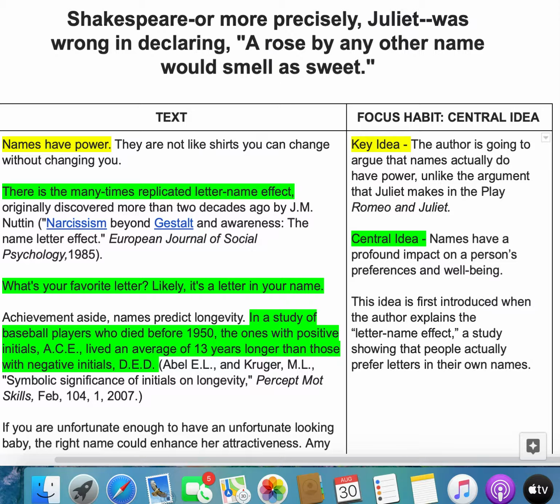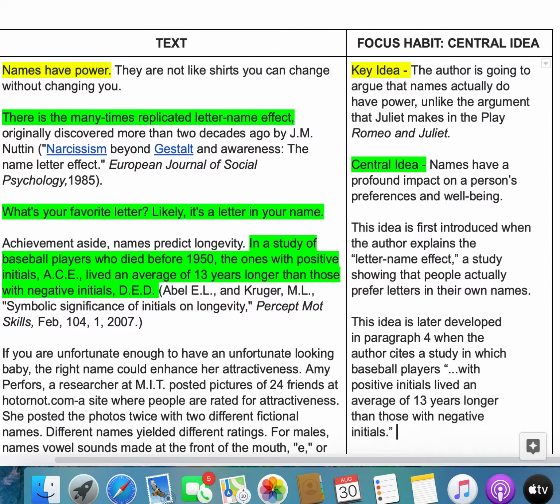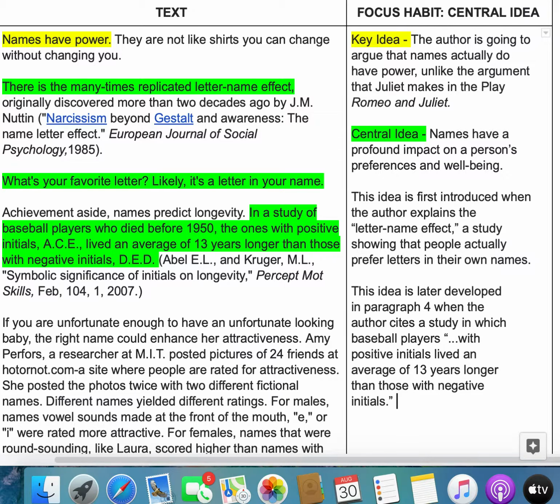Remember that for it to be a central idea, there's got to be multiple places where the author discusses this in a text. So I'd have to add to this by saying something like, this idea is later developed in paragraph 4 when the author cites a study in which baseball players with positive initials lived an average of 13 years longer than those with negative initials.